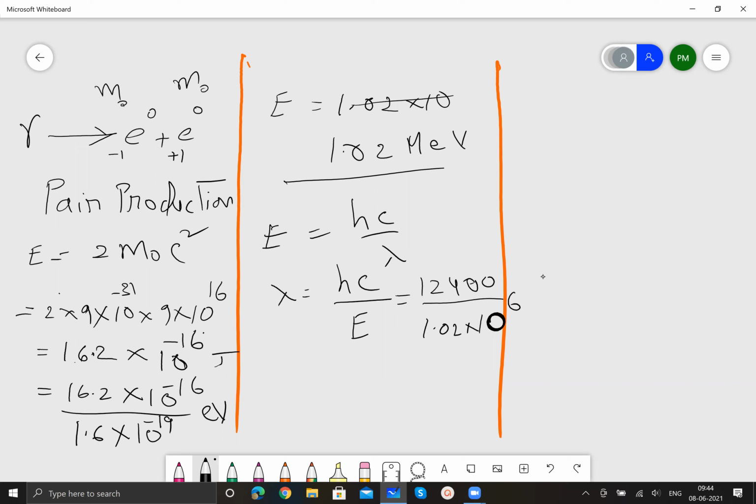So this is 1.24 by 1.02 into 10 to the power of minus 2, which will be around 0.012 angstrom units. Correct? Got it, ma?